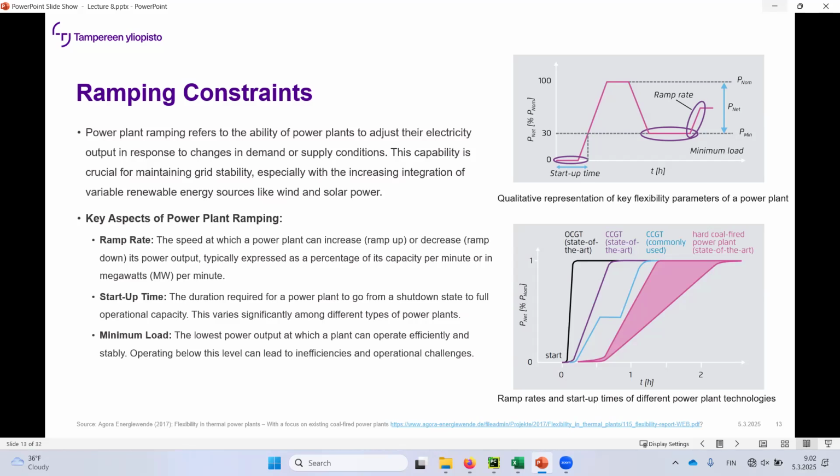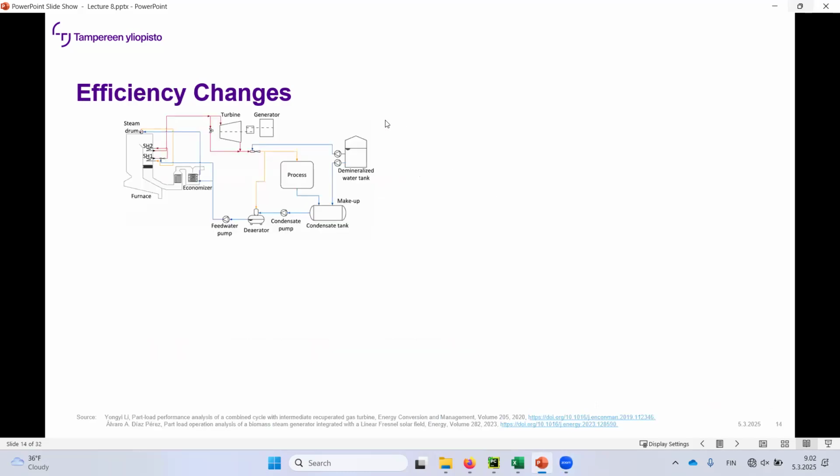So they have different kinds of ramping rates. And then there's the hard coal plants, which are the slowest one. And as I said, this is a rather hard thing to find for an individual power plant. So you would have to have this historical or time series data for it. But you can use average values.